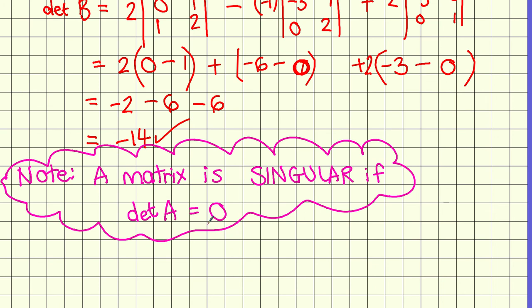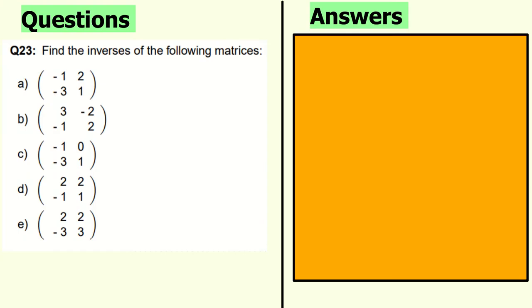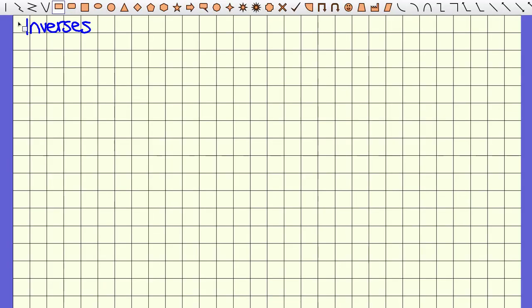Alright. Okay, next part is we're going to work out the inverse of a 2 by 2. So these are your questions here. Let's go on and do the note first of all, obviously. So inverses. Just underline this.